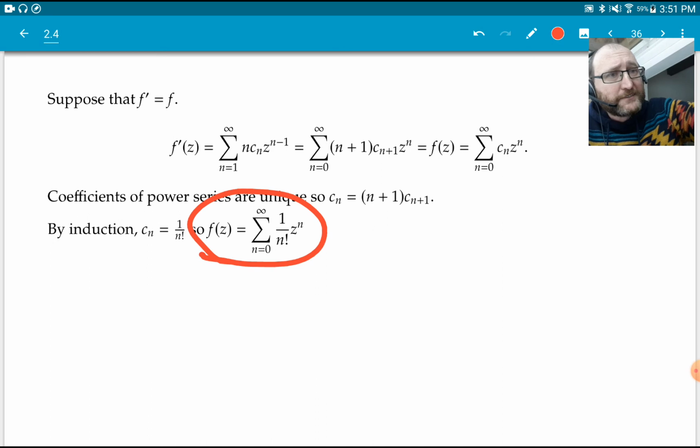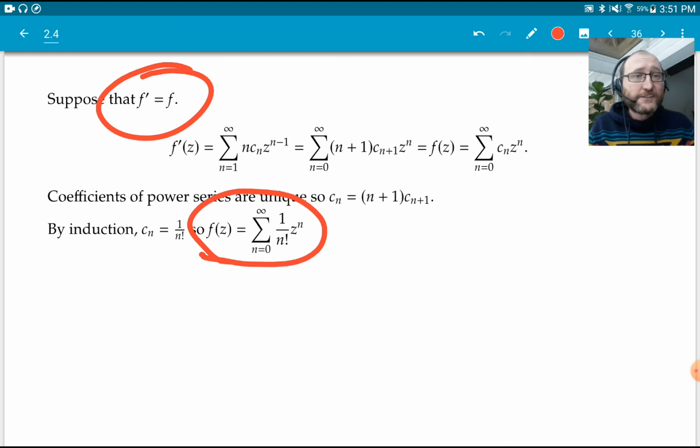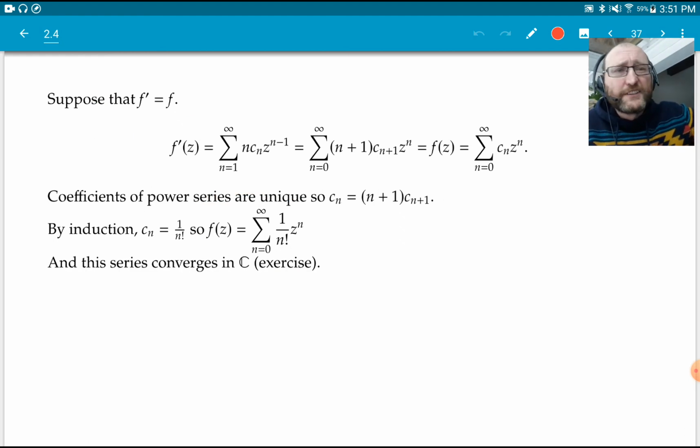That's the power series. It is the unique power series. We've used this and the initial condition, and we got that C_n must equal this, right? Now, it converges. That's fairly easy. You just do the root test, ratio test, something like that.